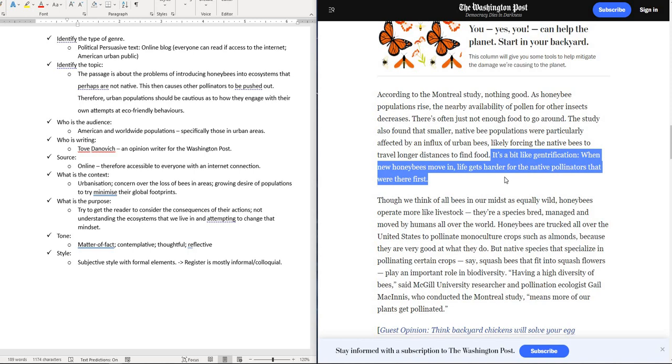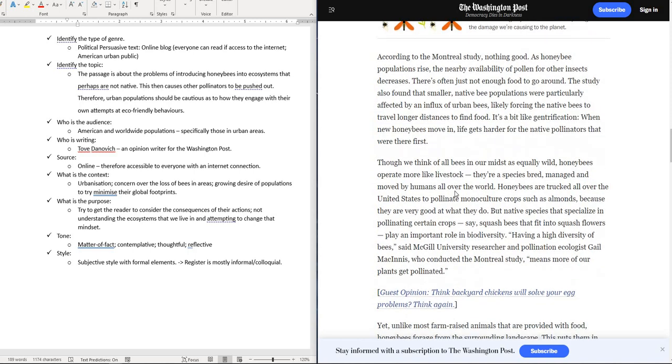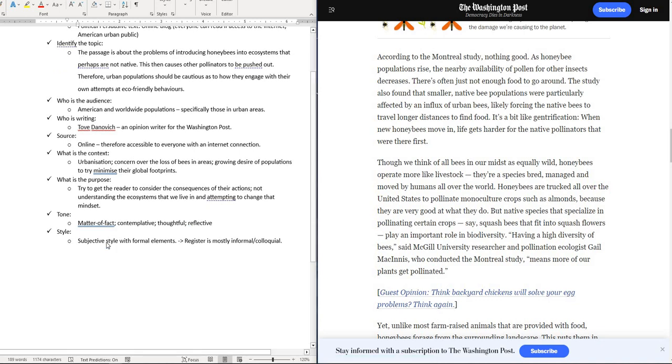It's not dismissive. He is part of the people who have tried to help by creating these honeybee urban environments. And so he's not being critical of that in terms of hating. He's just recognizing the faults in it. Okay. So that's why I say matter of fact, because he's not being aggressive in his content.